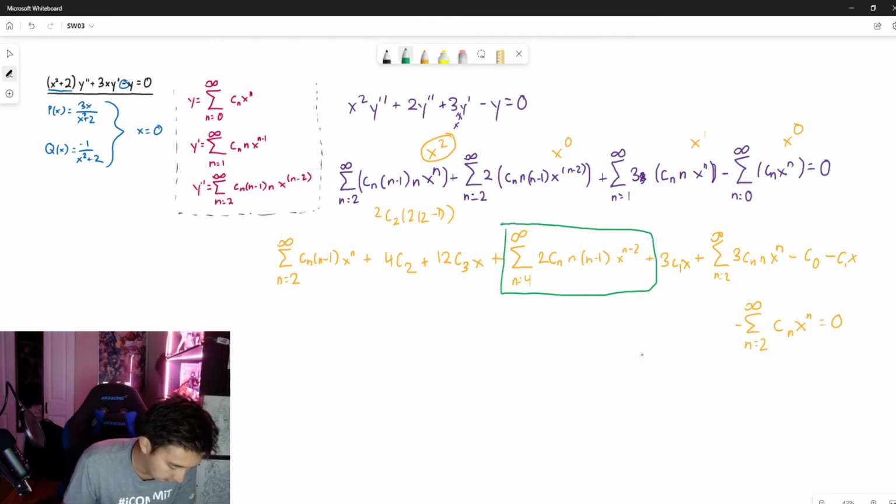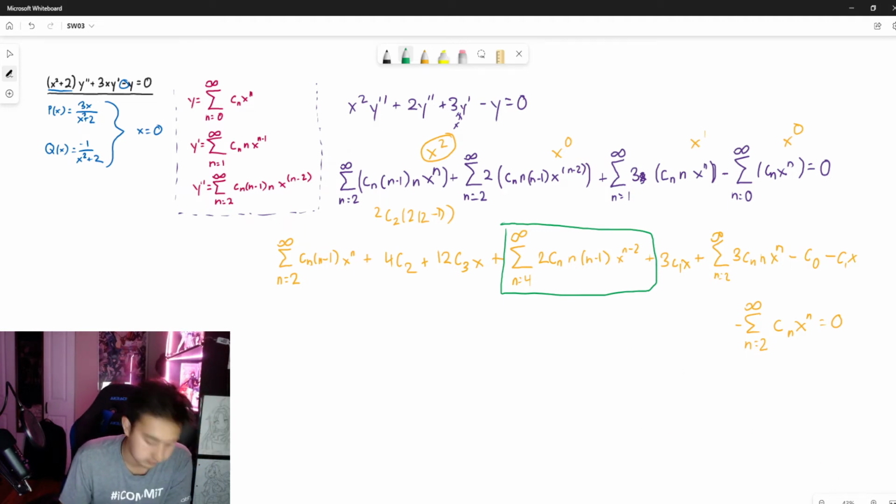So we can expand it such that we have the power series. This is so we can get to n equals 2.